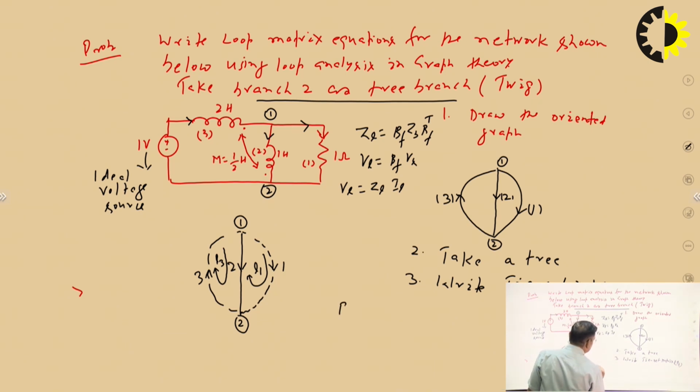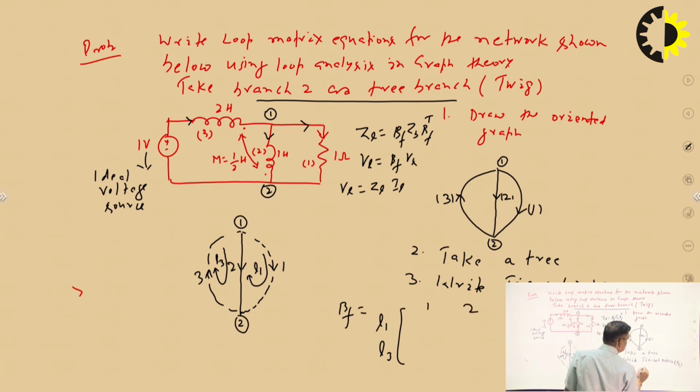How many rows are there in the Tieset matrix? There are 2 fundamental loops, so two rows, L1 and L3. And how many columns? Columns correspond to the number of branches present in the graph. There are 3, so 3 columns.